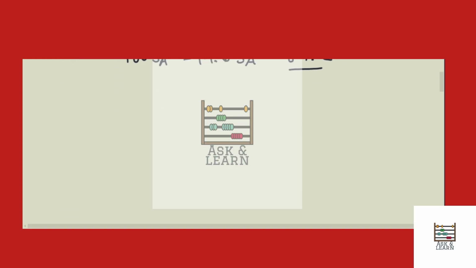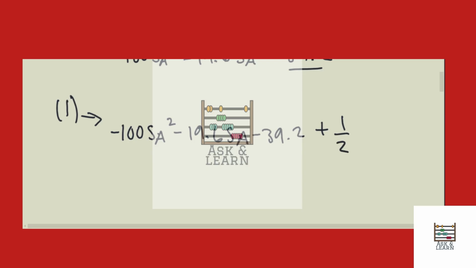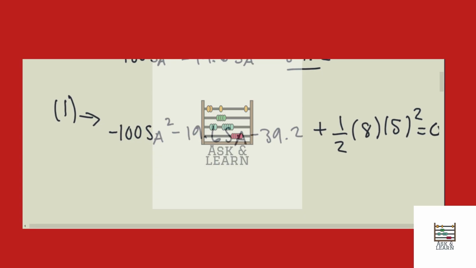Now we can plug this into our equation 1. Equation 1 will look like this: minus 100 SA squared, minus 19.6 SA, minus 39.2, and then don't forget the initial kinetic energy, so plus 1/2 mass times the velocity squared, which is 8 times 5 squared, and all of this equals 0.